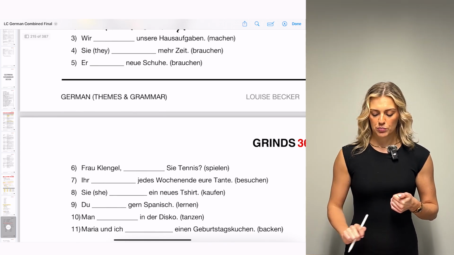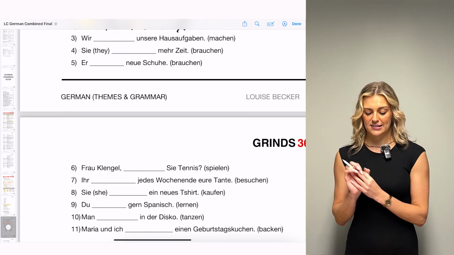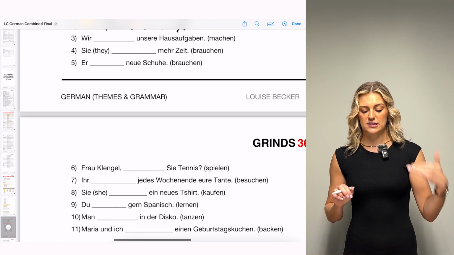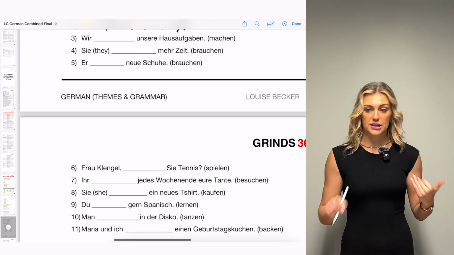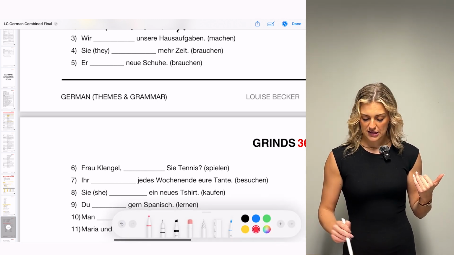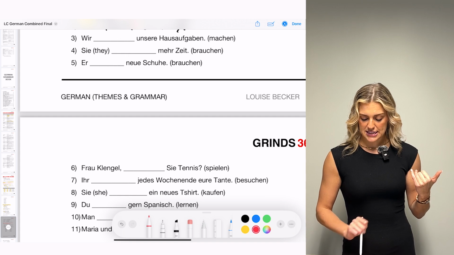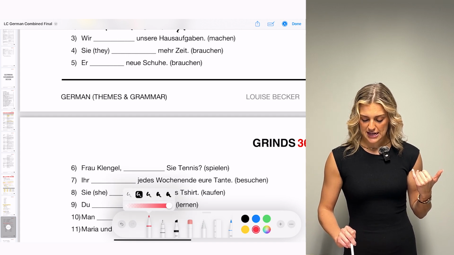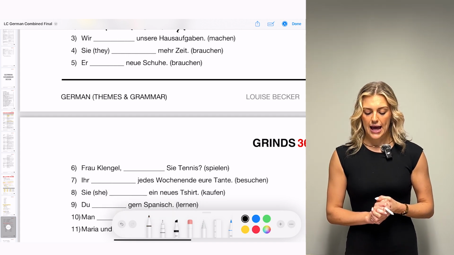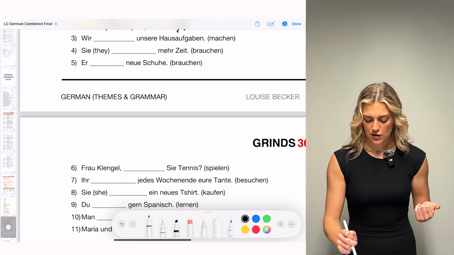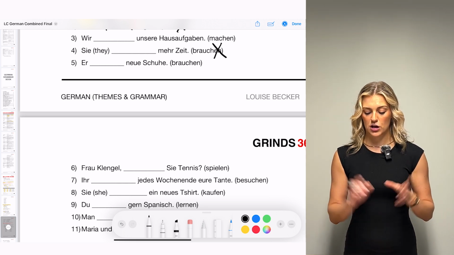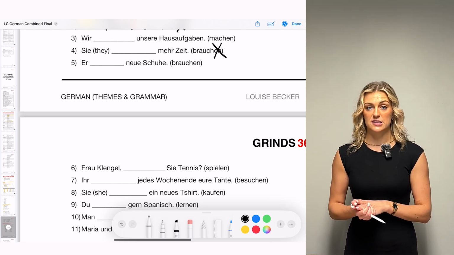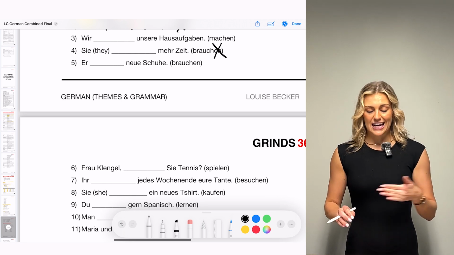I'm going to look at number 4 here. So sie as in they. So sie as in they need more time. Brauchen is the verb to need. I want to say they need more time. So brauchen is my verb. I take off the en. It's my first step. En is gone. I'm left with brauch. I add on my ending to this form of the verb. Sie as in they.